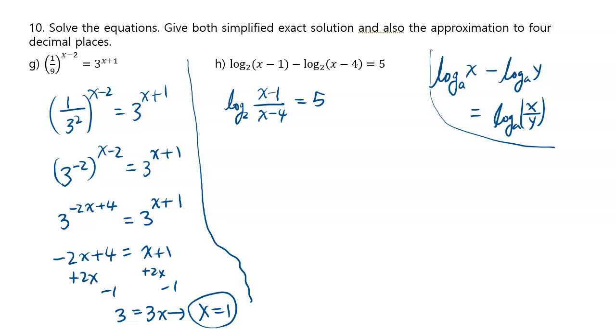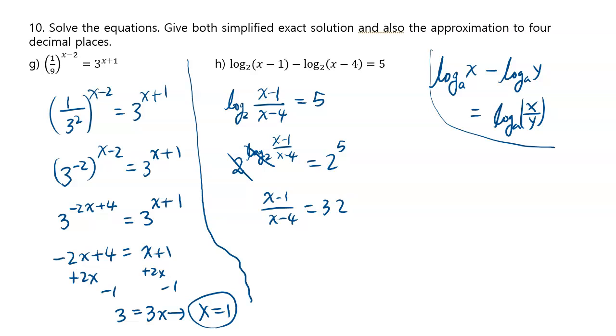Now, you want to get rid of this log 2. To get rid of log, you exponentiate both sides. You put it over as an exponent. And they cancel. And we have x minus 1 over x minus 4 equals 2 to the 5th power, which is 32. Right?